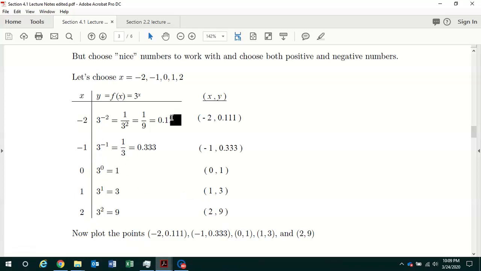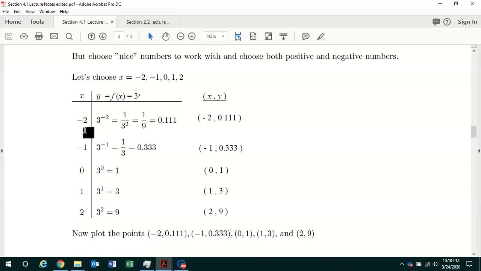And then for each value of x, I have to calculate the corresponding value of y, which is the same as the function value at each value of x. And then for each x and y, we form the ordered pair, and then we're going to plot those points and play connect the dots. And so we know how to evaluate an exponential function at different values of x. We did that in the previous video.